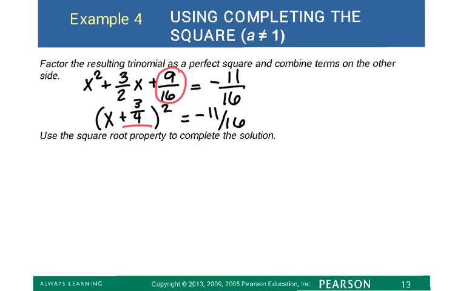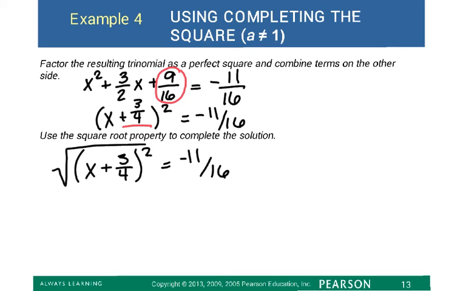Now that we have that step done, let's go to the next step. We're going to use the square root property to complete the square and find the solution. Here we go. I'm going to rewrite what we have above real quick. So using the square root property, take the square root of both sides of the equation.